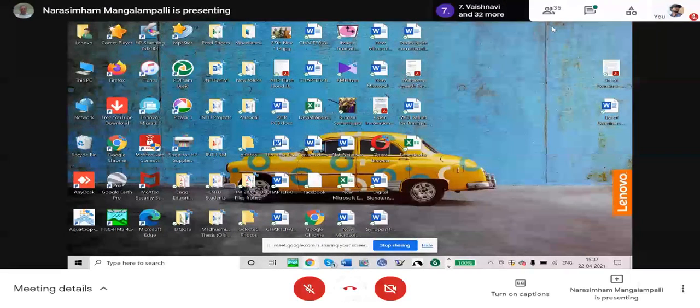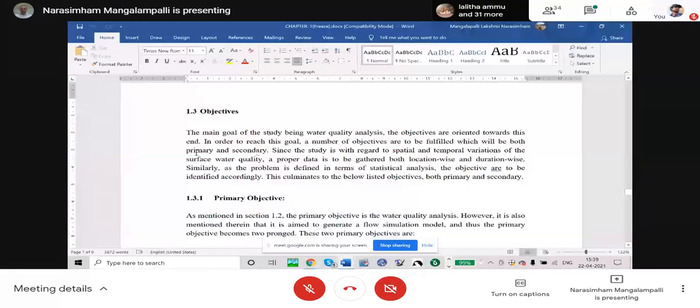Recently, I was referring. Oriented towards this end, in order to reach this goal, a number of objectives are to be fulfilled, which will be both primary and secondary. So your objectives can be primary objectives or secondary objectives.